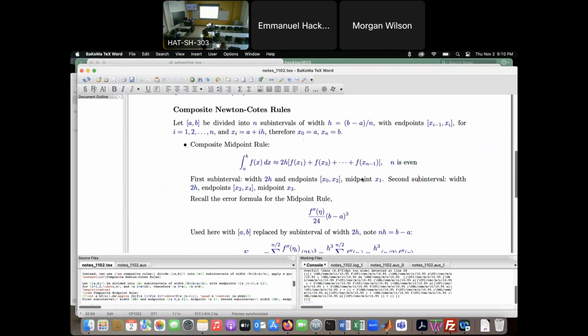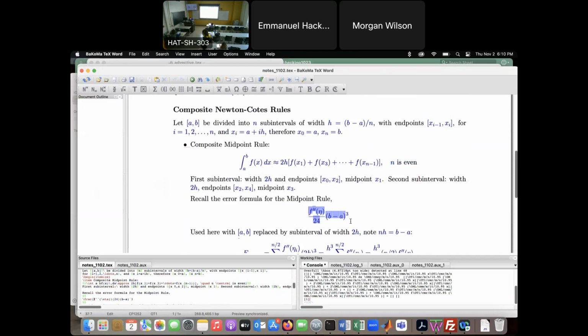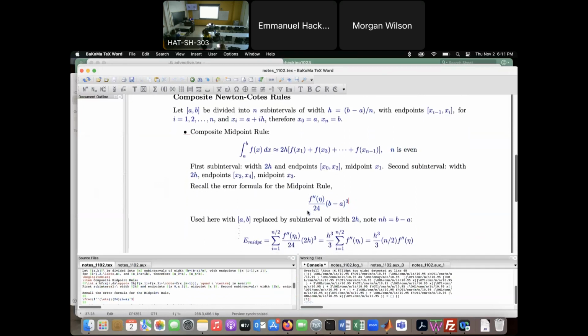Now, all right, so that's a composite midpoint rule. Now I want the error. This expression right here, this is from last time, that's the error formula for the basic midpoint rule. That just evaluates the midpoint. So now I've divided AB into basically n over 2 applications of the midpoint rule.